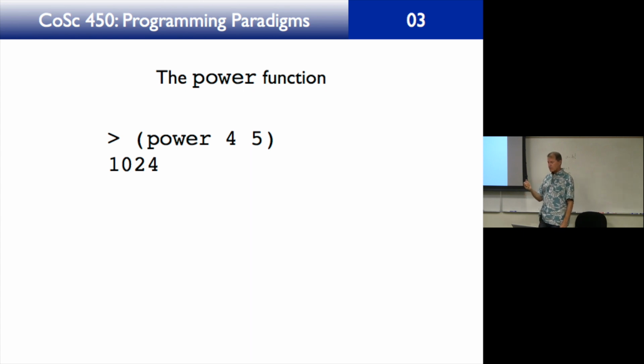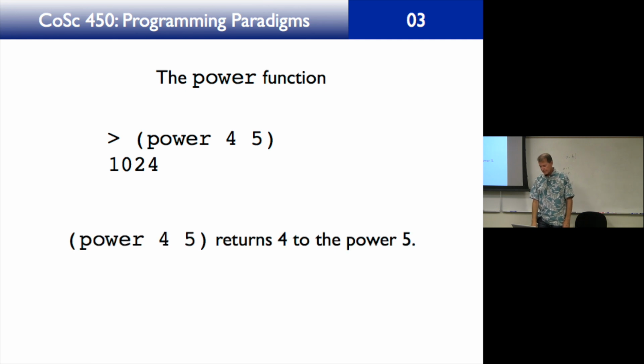It's 4 times 4 times 4 is 64, times 4 is 256, times 4 is 1024, right? Okay, so power 4, 5 returns 4 to the power 5. Yeah, so that's what we want to write.